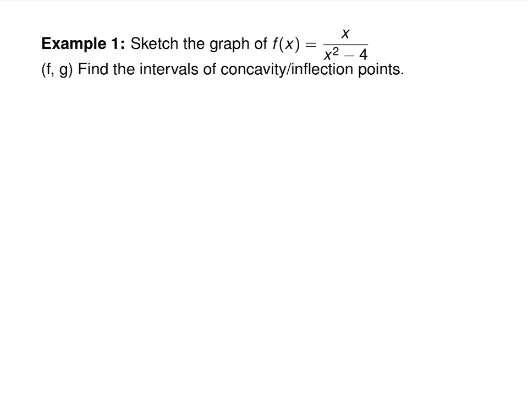Intervals of concavity. So the second derivative. The second derivative was 2x over x squared plus 12 times x squared minus 4 cubed. Set that equal to 0. And can you, in your head, tell me what the one answer is going to be?